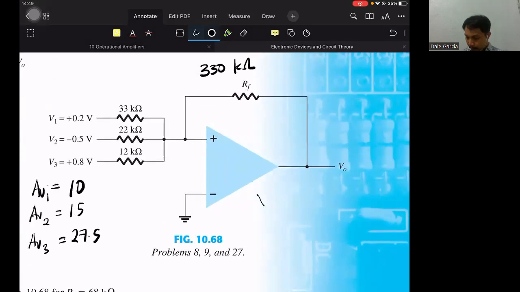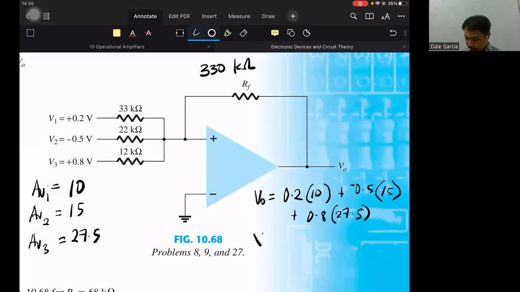Meaning VO equals 0.2 times 10 plus negative 0.5 times 15 plus 0.8 times 7.5.